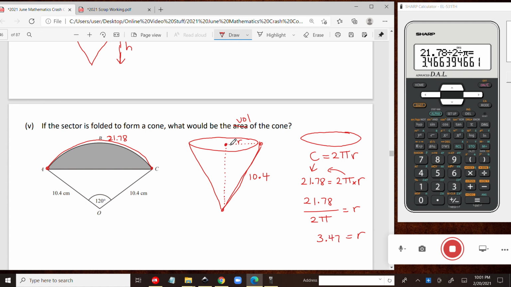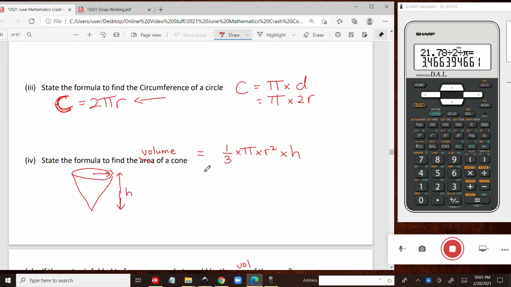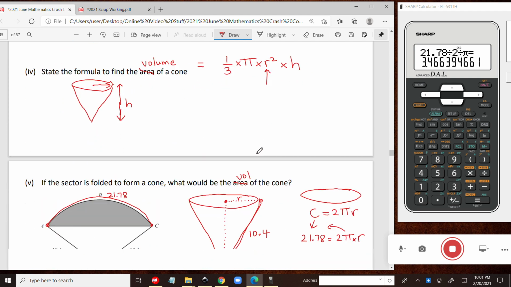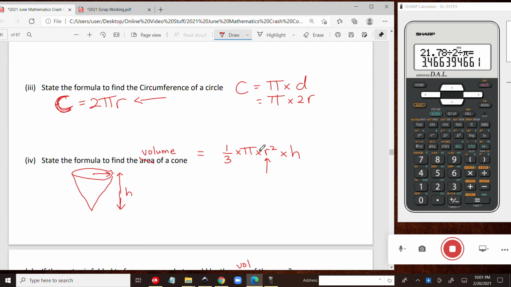So we know the radius now. The radius is 3.47. But we still need the height, because the volume of a cone is 1/3 pi r squared times the height. We just found the radius. The radius is how much again? 3.47.